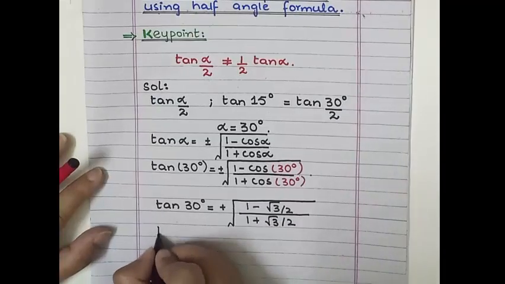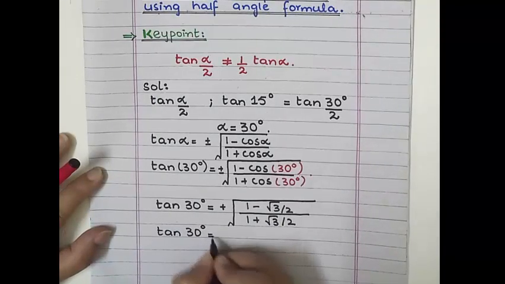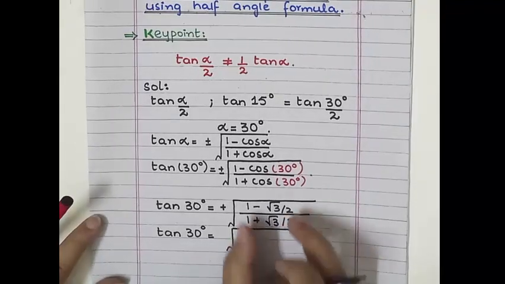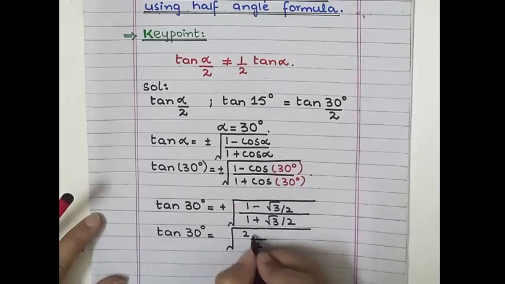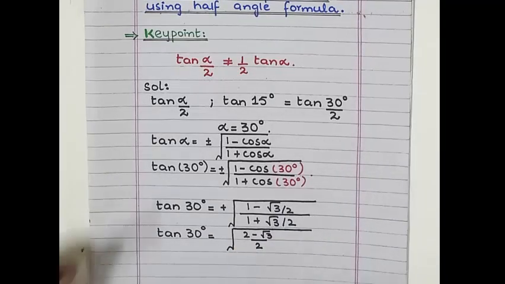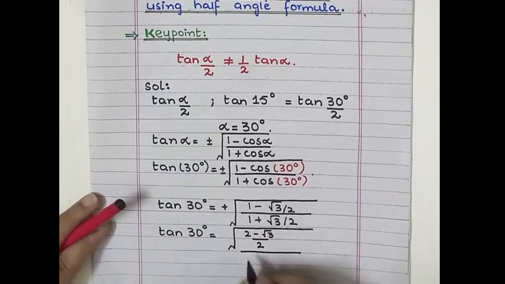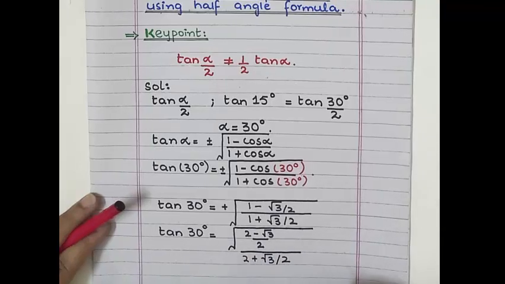Now taking the LCM, the LCM of the numerator is 2, and here we have 2 minus root 3, divided by 2 plus root 3 over 2.